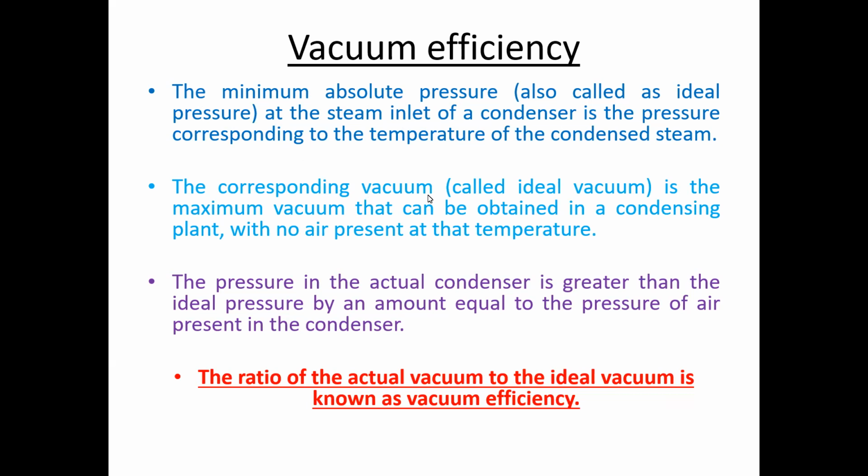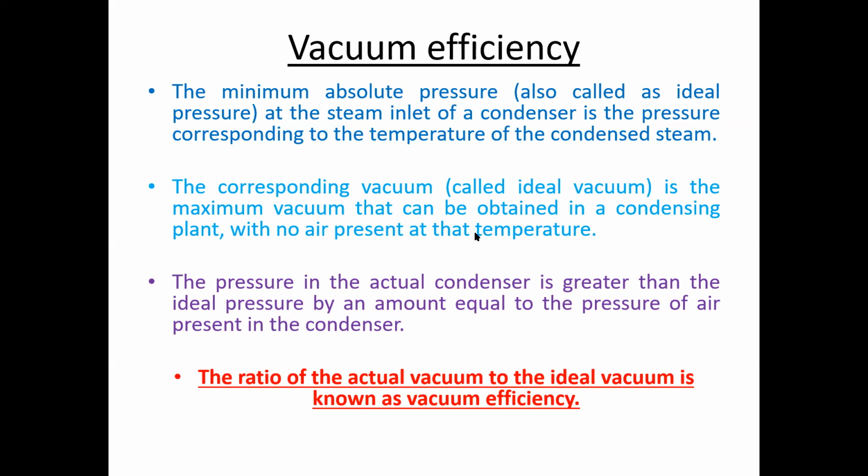The corresponding vacuum is called the ideal vacuum. So this is called the ideal pressure, and this is called the ideal vacuum, the maximum vacuum that can be obtained in a condensing plant with no air present at that temperature. That is the ideal vacuum when no air is there in the condenser shell.